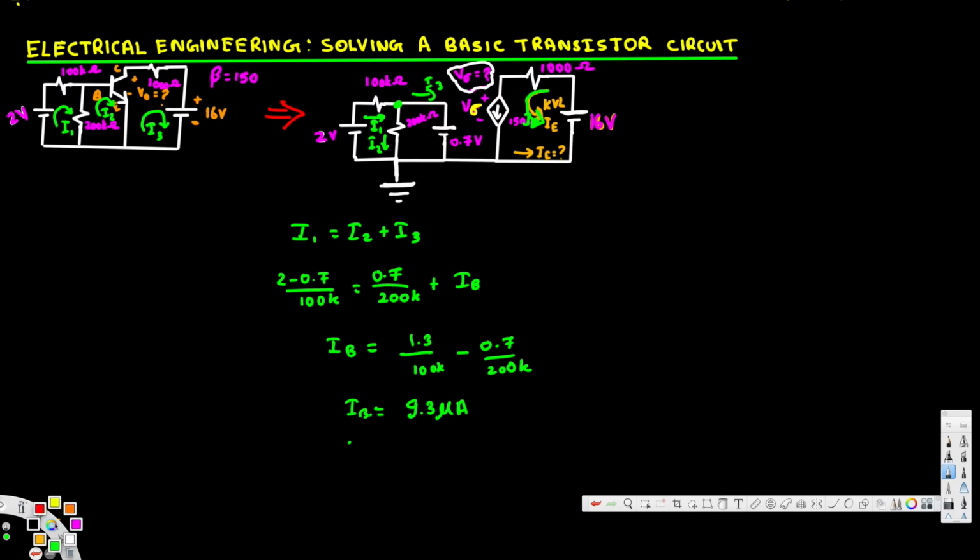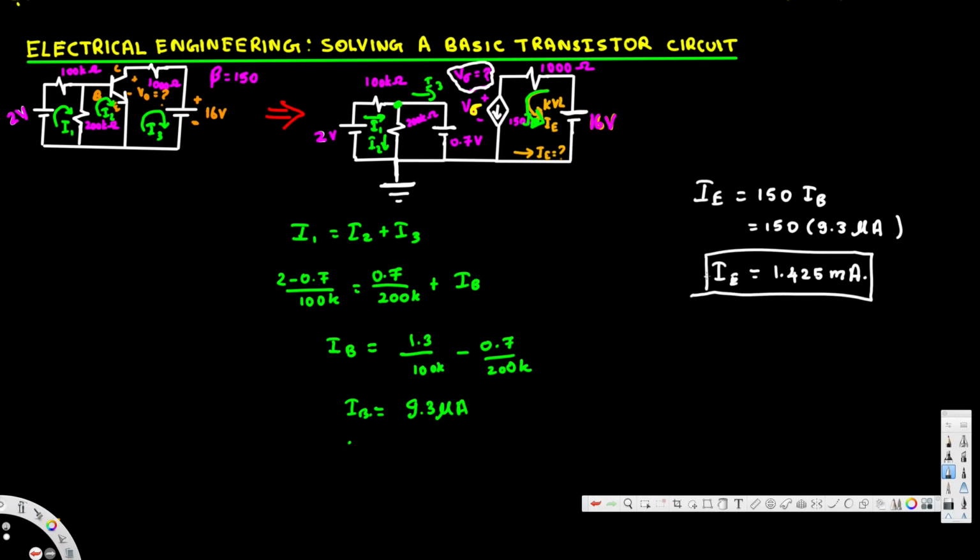We can solve for IE then. IE is equal to 150 IB, so 150 times 9.3 microampere, and if you solve for this one, this is going to be 1.425 milliampere. This is IE.